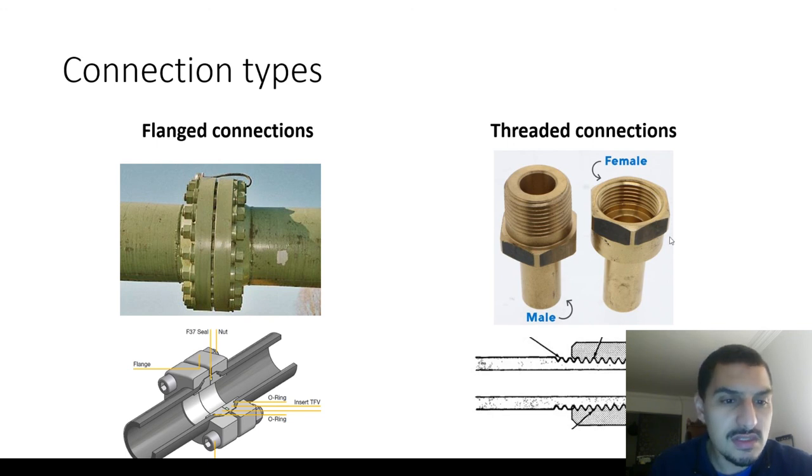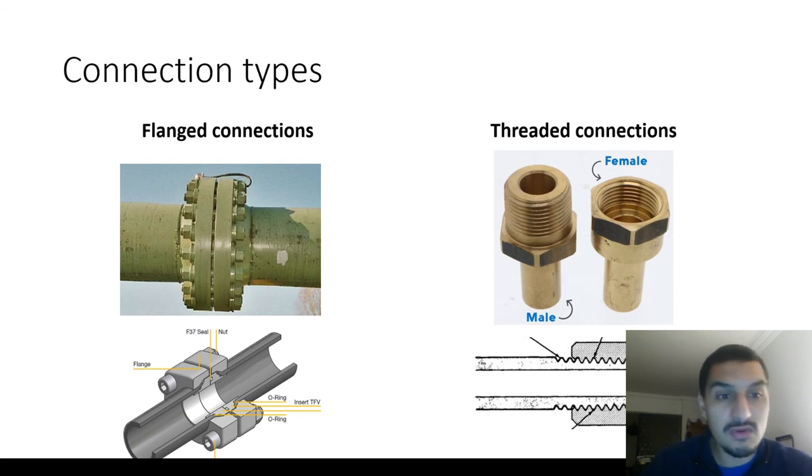Usually the threaded connections are used for small diameters. You can find this in the plumbing for homes, in kitchens and bathrooms. It's also used in the connections for lab equipment like gas chromatography and the gas cylinders.